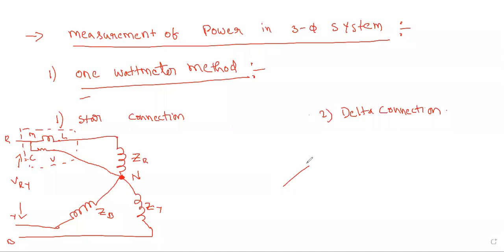In delta connection, similarly, one phase. You can connect the wattmeter to any one of the phases, either R phase, Y phase, or B phase.